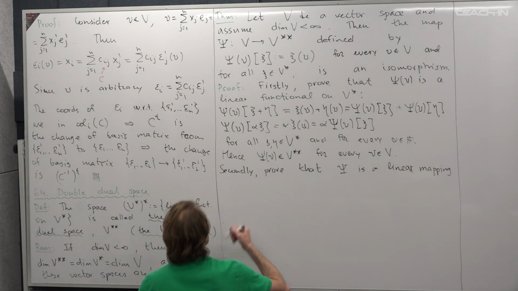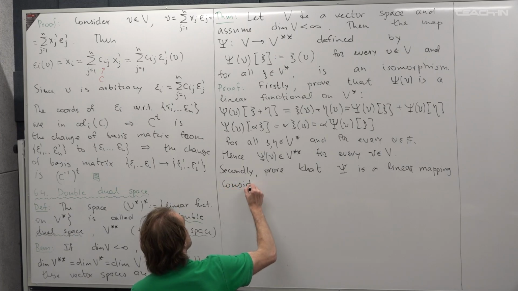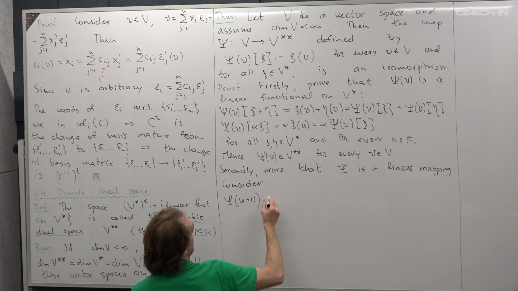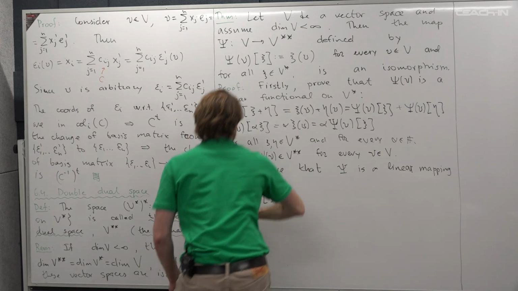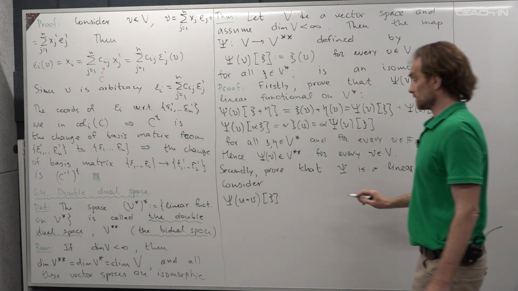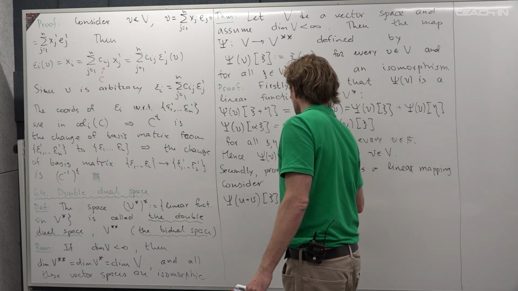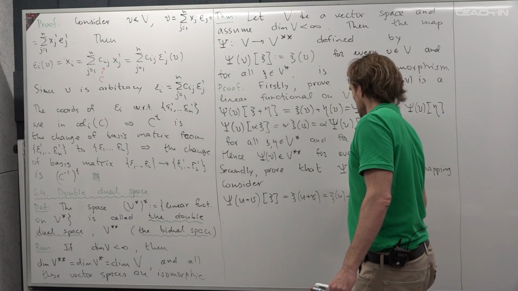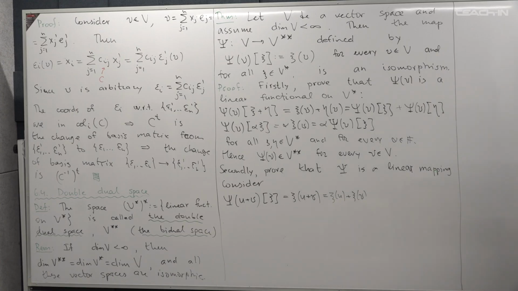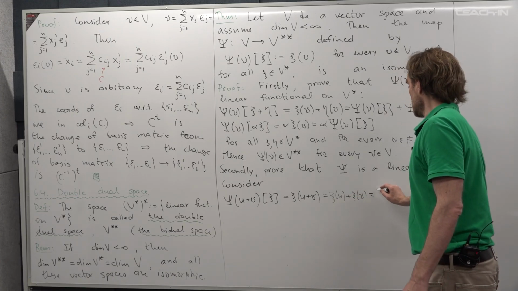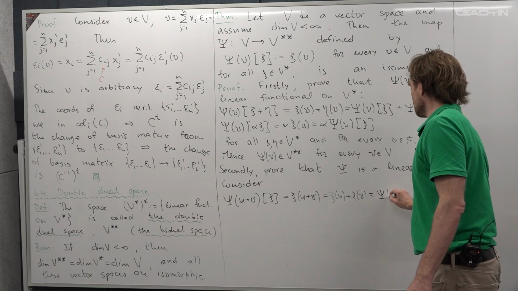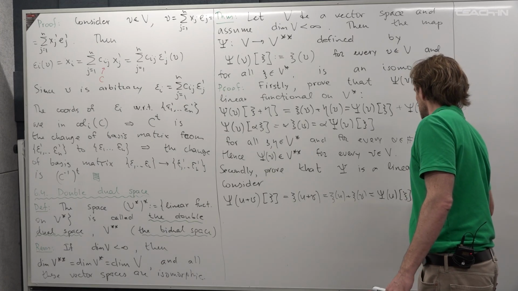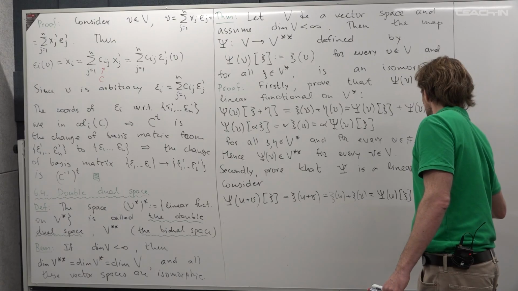Consider psi capital of u plus v, and apply it to a linear functional psi. According to our definition, this is psi of u plus v, which is psi of u plus psi of v, because psi is a linear functional. So the first is just psi capital of u applied to psi, and the second is psi capital of v applied to psi.